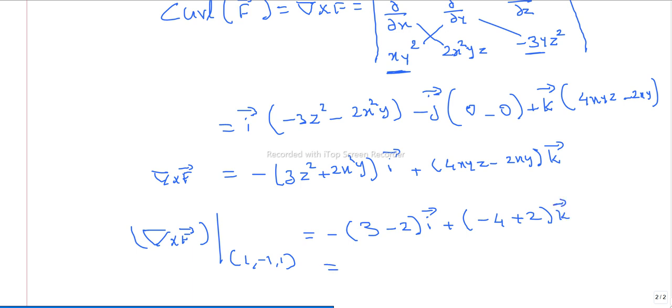So this should be minus i vector minus 2 k vector. So this is the curl of the function at the point.